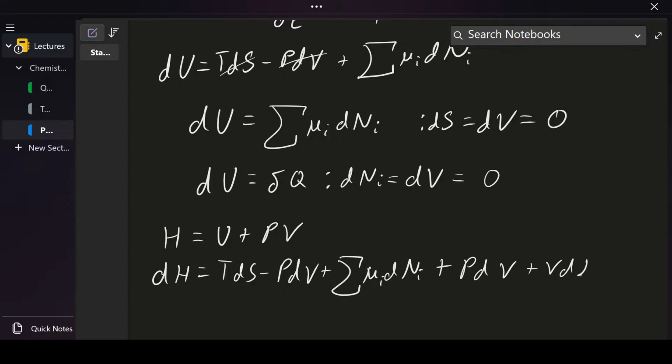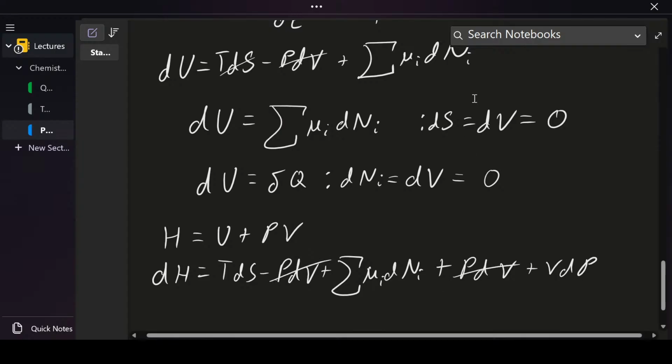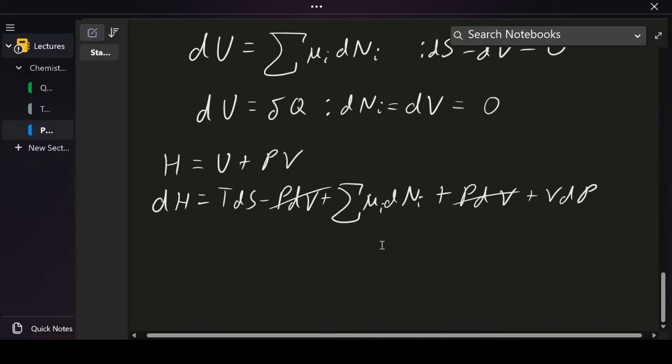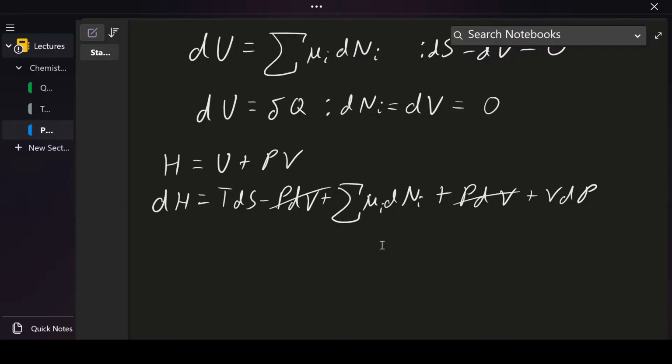and then this pressure times volume can be expanded with the product rule to become PdV plus VdP. And now you can see that these PdVs are going to cancel out, and so now my new state variable H can describe the chemical potentials at constant entropy and pressure instead.